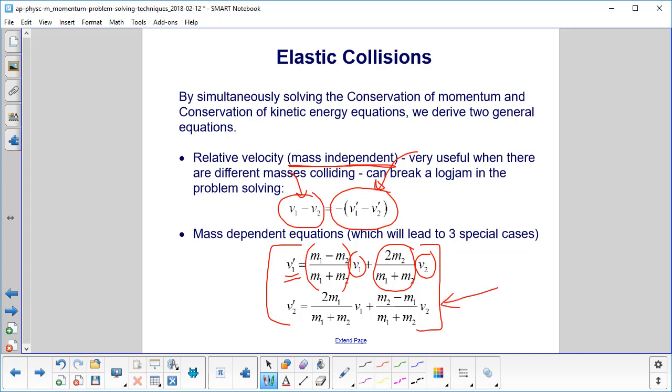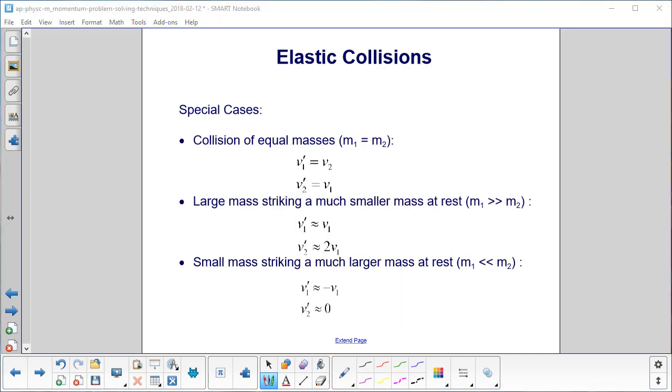And again, we're going to get some more special cases for these. Here are the 3 special cases. And first, notice that the velocities don't have arrows over them. Well, we know that velocity is a vector, so we're going to leave the arrows out there just to save some notation. And all of these v's are certainly vectors.